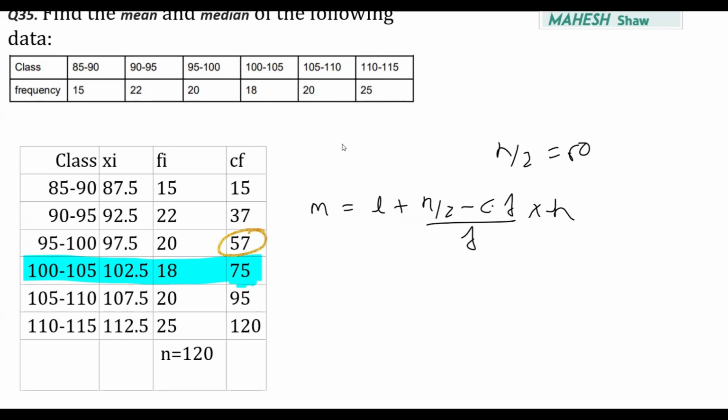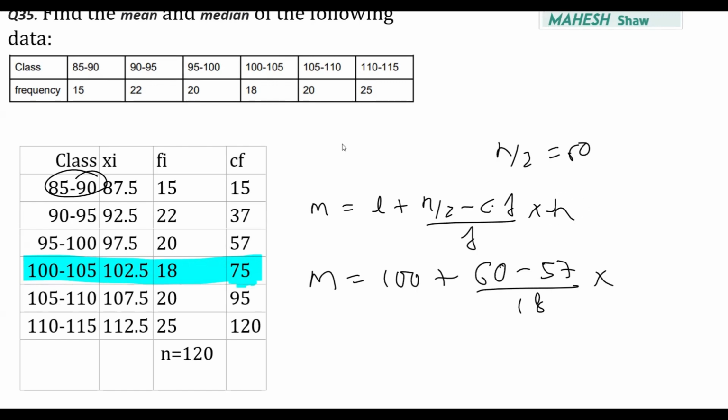Let's plug in these values. M is equal to L, the lower limit of the median class, which is 100, plus n by 2, which is 60, minus CF of the preceding class, which is 57, over f of the same class, that is 18, multiplied by h, the class size, which we have already figured out was 5, the difference of the upper and lower limit.